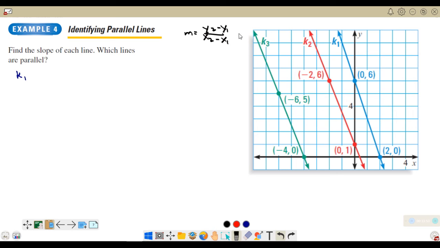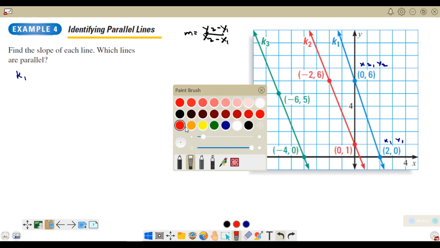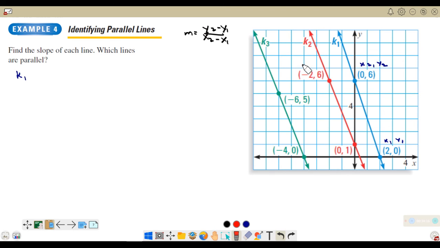Gawin natin siyang uniform. Lahat ng mga nasa taas, yun na lang yung gawin natin x sub 2, y sub 2. Okay? So, kay K sub 1, this is x sub 2, y sub 2. This is x sub 1, y sub 1. Punta tayo kay K sub 2.